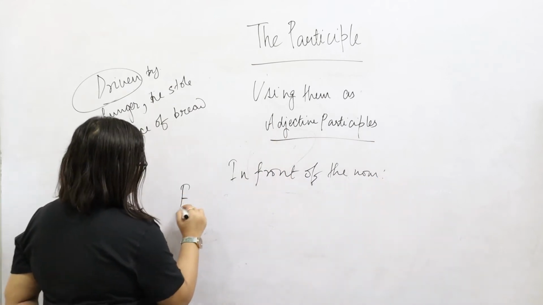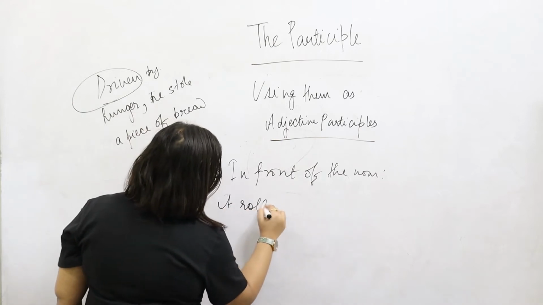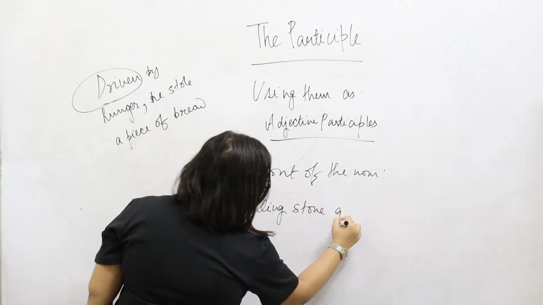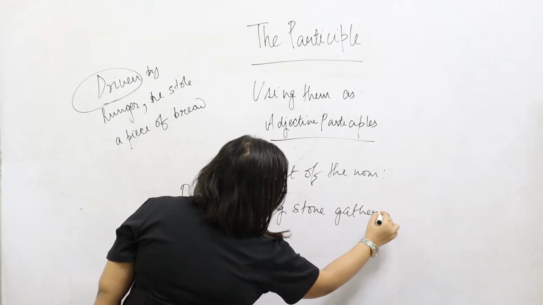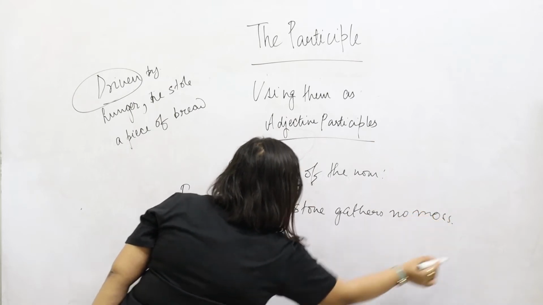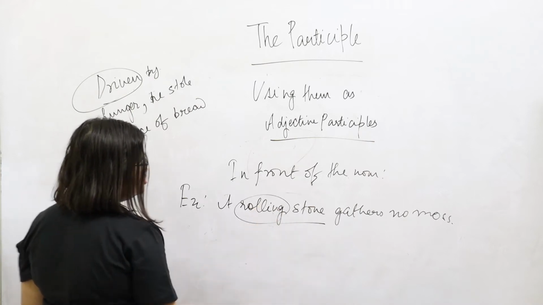Example: a rolling stone gathers no moss. So here we have the noun, that is stone, and here this rolling.